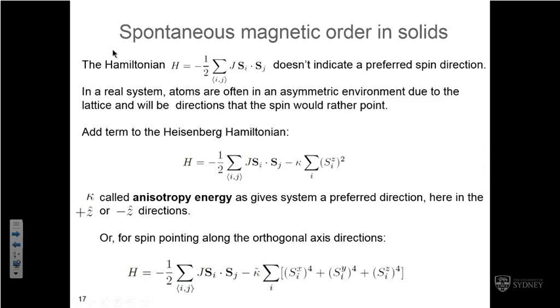So it will give you a lower energy when your spins, for example, are in the Z direction. You can play with these. These are only models, okay? It's just a model Hamiltonian. You can also say, okay, in my system, I know that the spins are going to be aligned along the X, Y, and Z kind of axes. You can describe it using that kind of Hamiltonian, if you like.